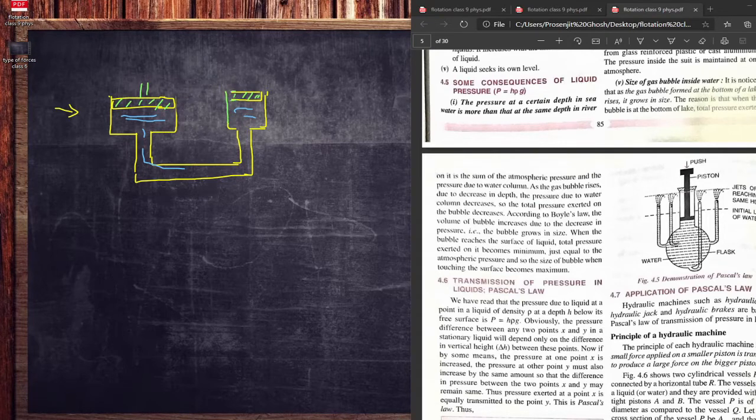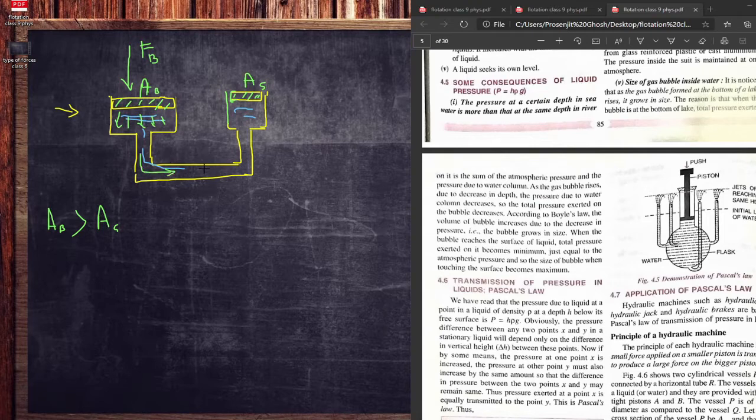Alright. So now coming to the area, obviously the area of this one is bigger than the area of this one. So you can say that AB is greater than AS. Now I'm applying some force in here, and that is FB. FB is the force applied on this bigger piston. What will happen? Whenever the force is applied, it will spread that force in all directions.